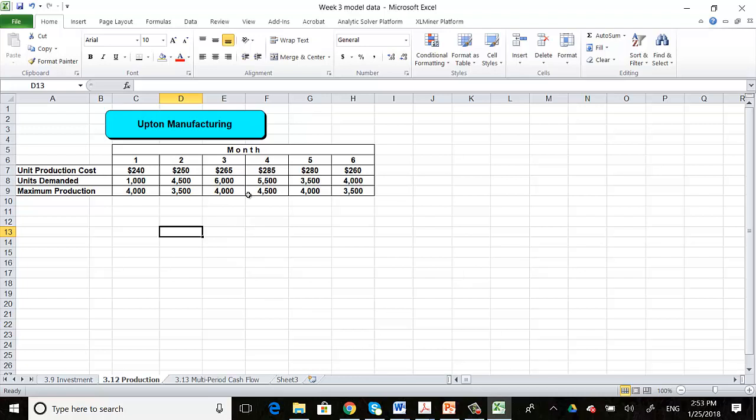And we said we're going to decide how many to produce. Okay, so unit demanded, unit cost. Let's see. I'll just add one row here. Say units to produce. Those are my decision variables.